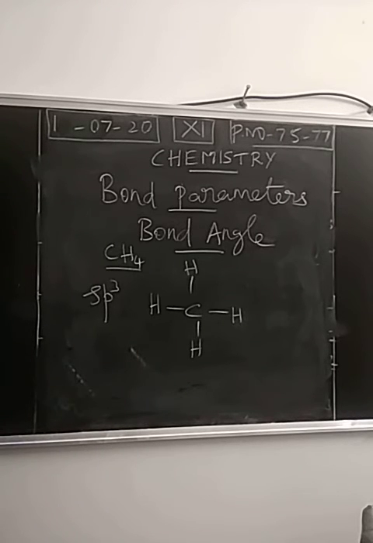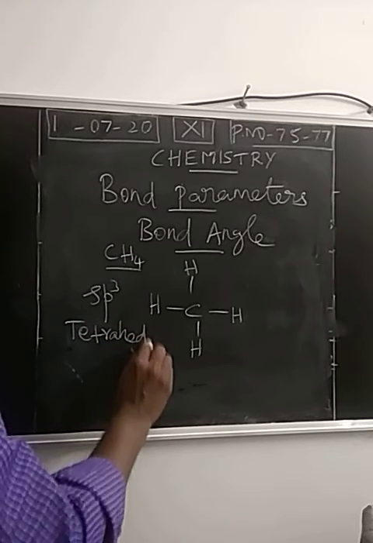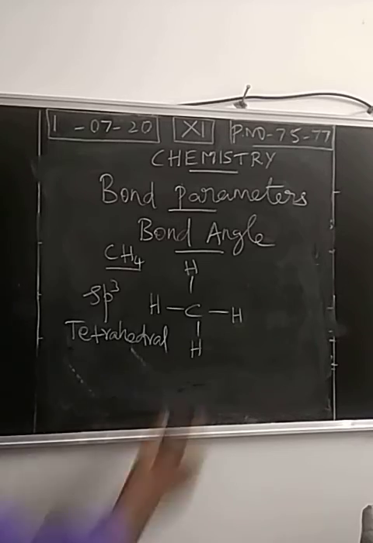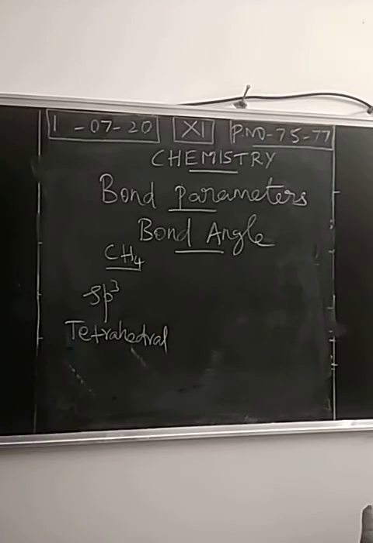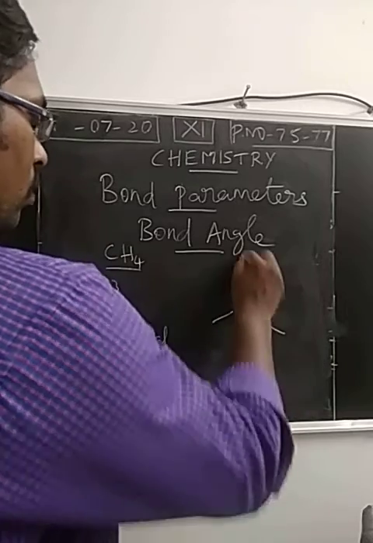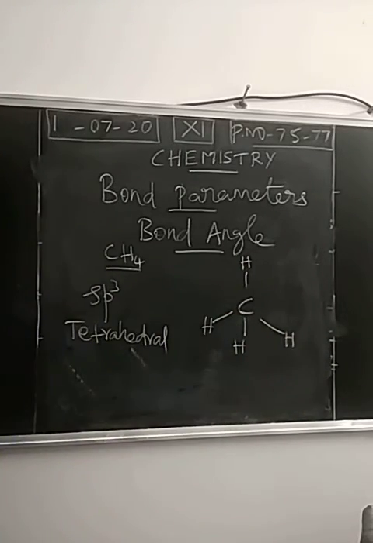The possible structure will be tetrahedral structure. The structure is tetrahedral. So the actual structure of methane will be like this one. This simply represents all the 4 hydrogen atoms are on different sides, right?